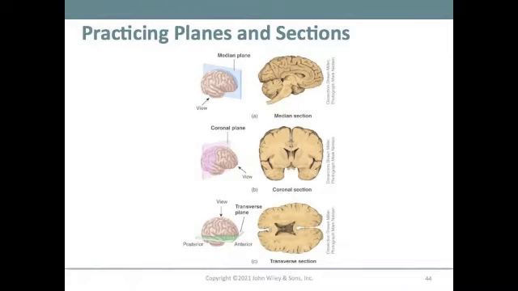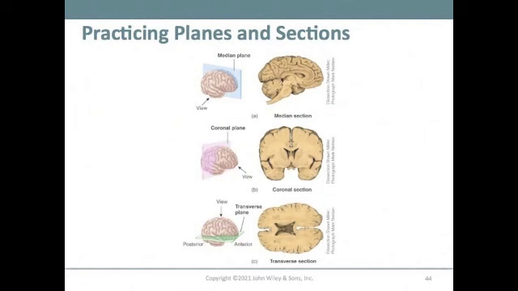The coronal plane slices it in half, but through another way, and it might not even be even halves. The halves are going to look different, but you can see the coronal section looks quite a bit different from the median section. And then, of course, the transverse is like cutting it through the top. All of those sections look very different, and you can see that on page 18 on figure 1.9.